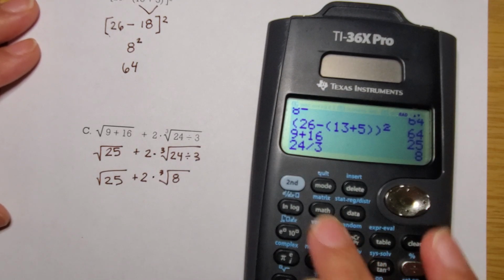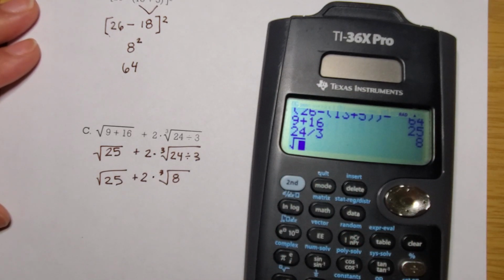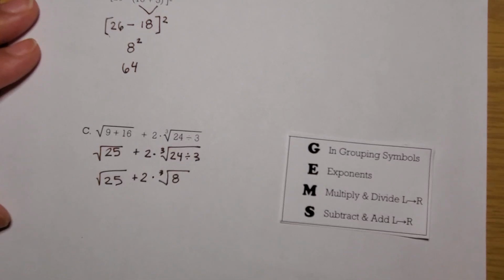So I'm going to go ahead and do second x squared to get my square root. We need to find the square root of 25. Remember, when there's no index written, that means it's the square root, or the index is 2. So the square root of 25 is 5. So this part, 5. Bring everything else down.